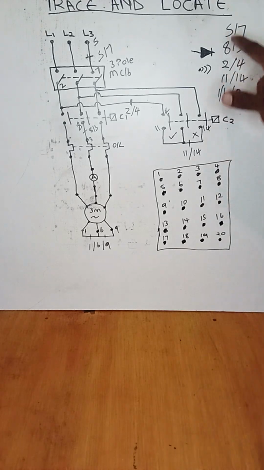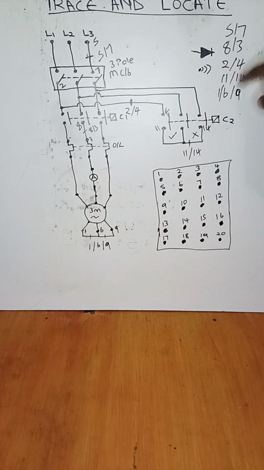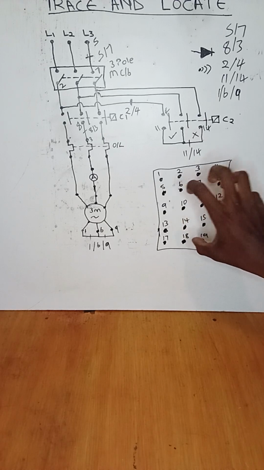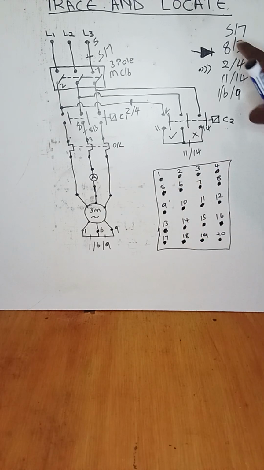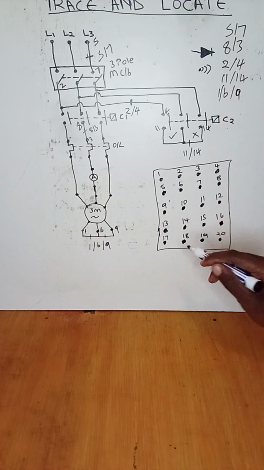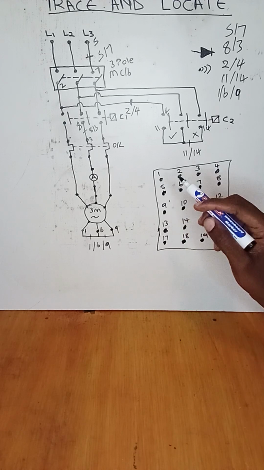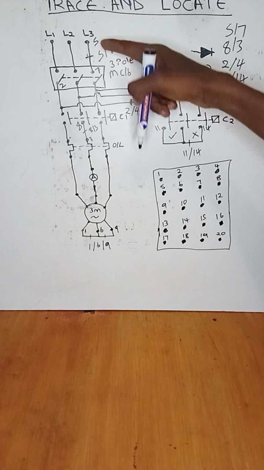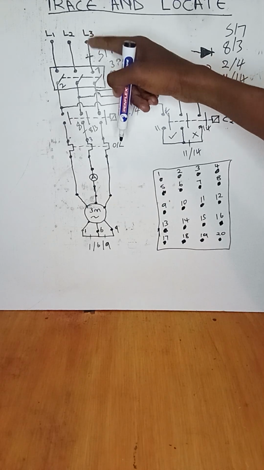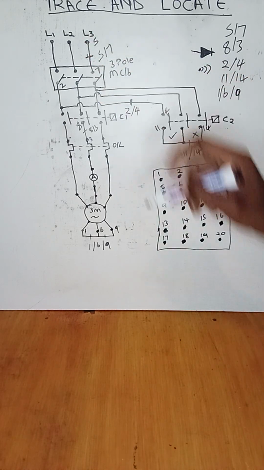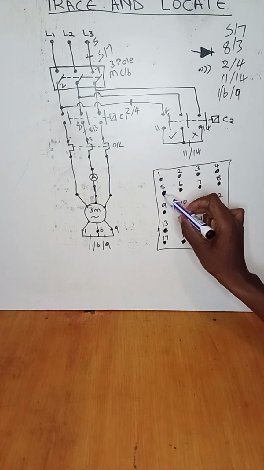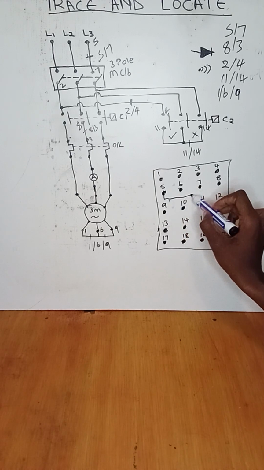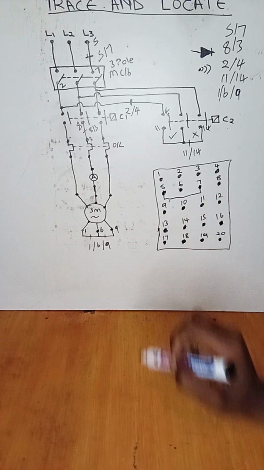Right. So since we have traced our faults, we will locate them through the board. So it says the fault is from 5 and 7. So we will locate 5 and 7. 5 and 7 is live 3 from here, which is a blue wire. So you will connect a blue wire from 5 and 7.